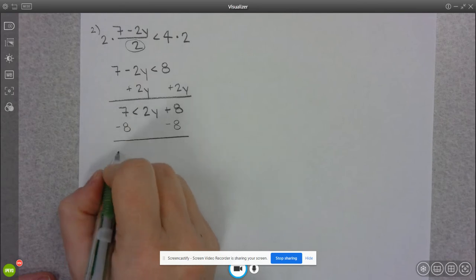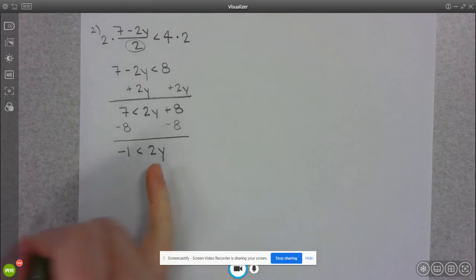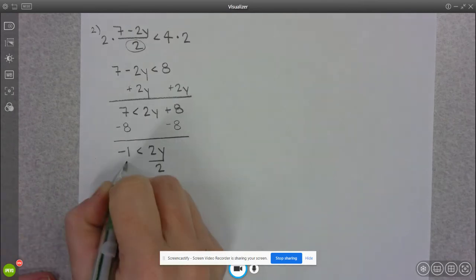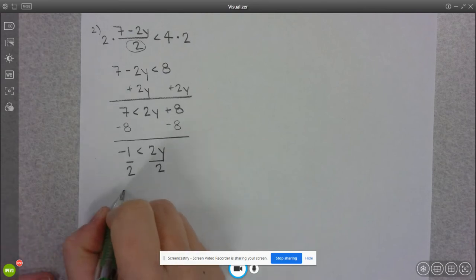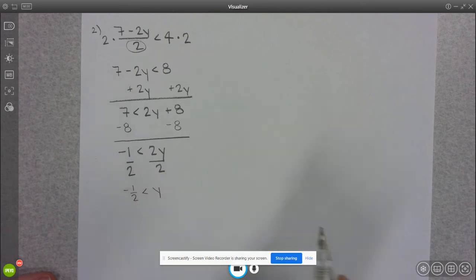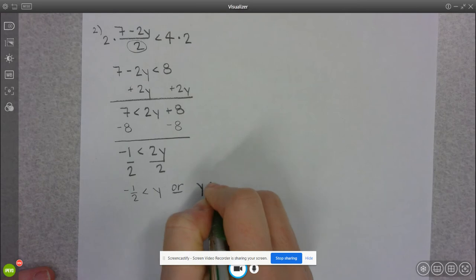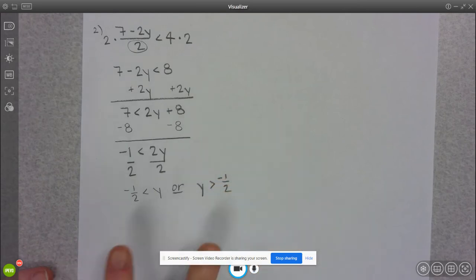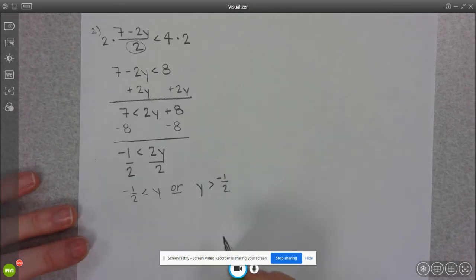So this would be negative 1 being less than 2y. Then my last step will be to divide by 2. So this is going to tell me negative 1/2 is less than y, or y is greater than negative 1/2. Both of these statements represent the exact same thing.